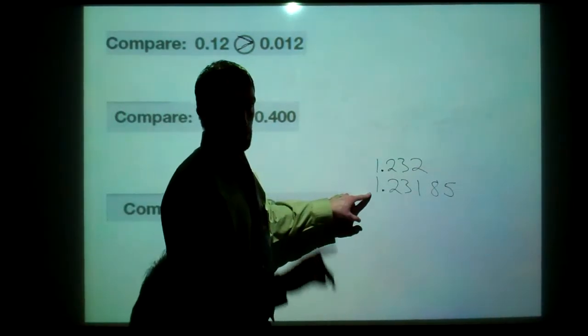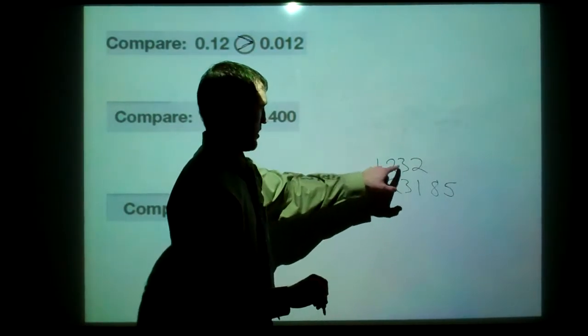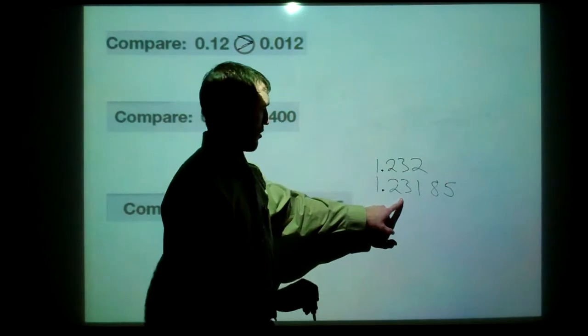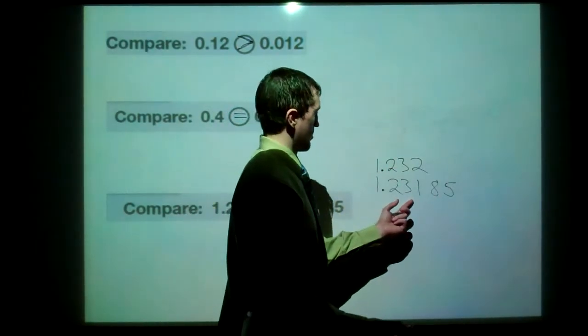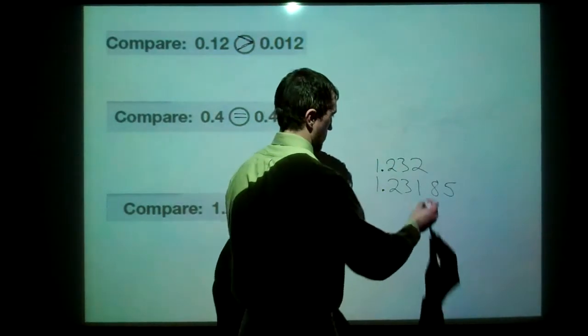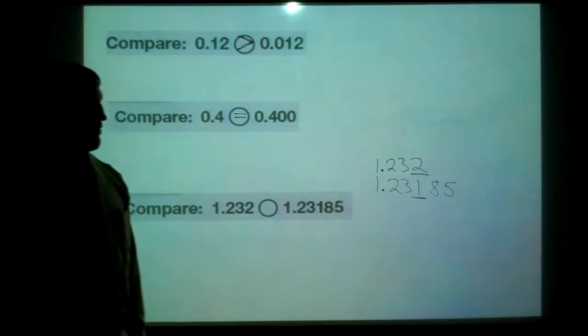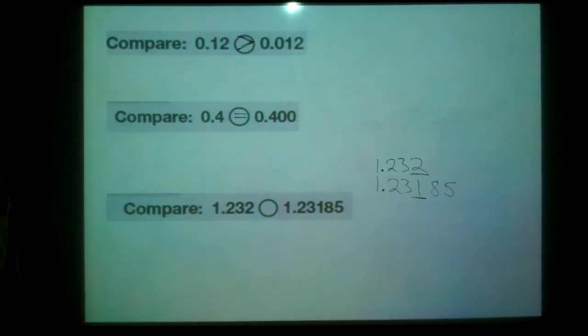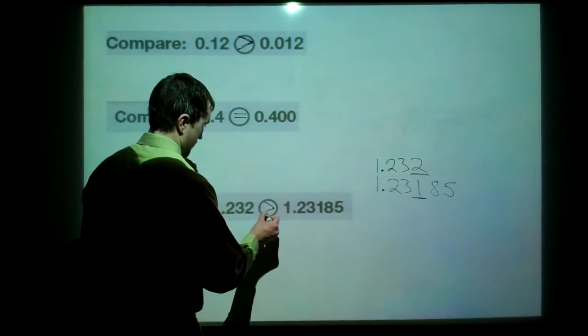We have 1 in the ones column. In the tenths column we have 2's. In the hundredths column we have 3's. So they're the same up until the hundredths. And then when we get to the thousandths, that's when we're different. We're going to compare the 2 and the 1 there. Well, the 2 is bigger, so we're going to say that this number is larger.